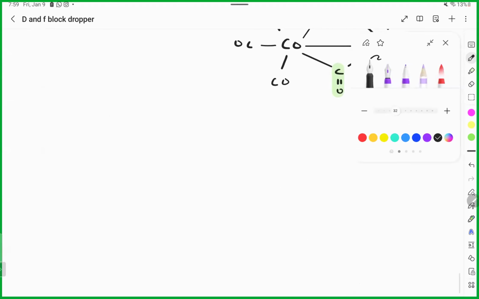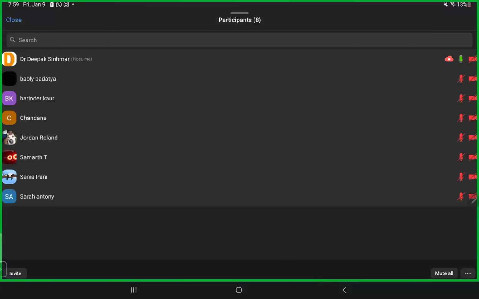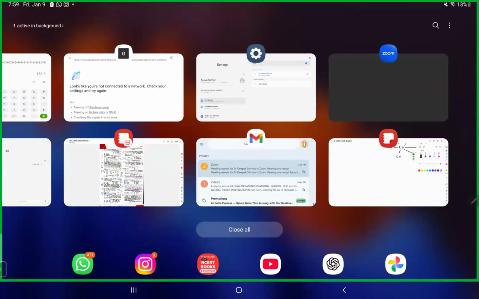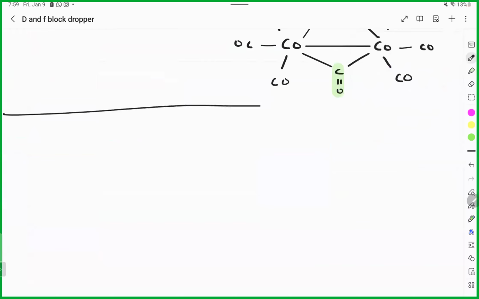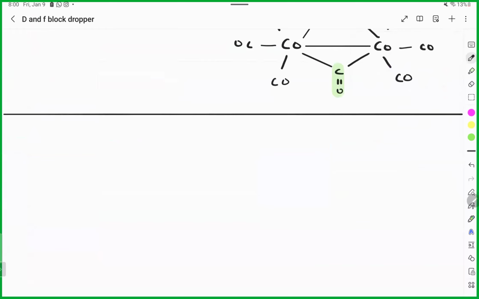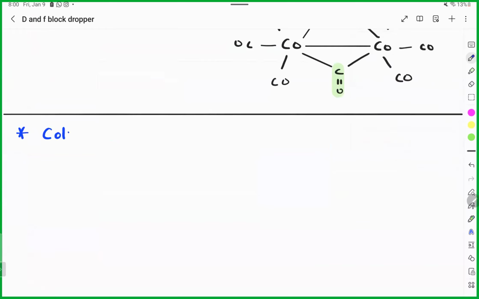Am I missing someone? There are 7 people. Pratigya, what is the rule for color? Because you cannot remember all the colors. The same thing happened even in the case of crystal field theory. You cannot remember the color of all the compounds. What is the basic rule for the color?